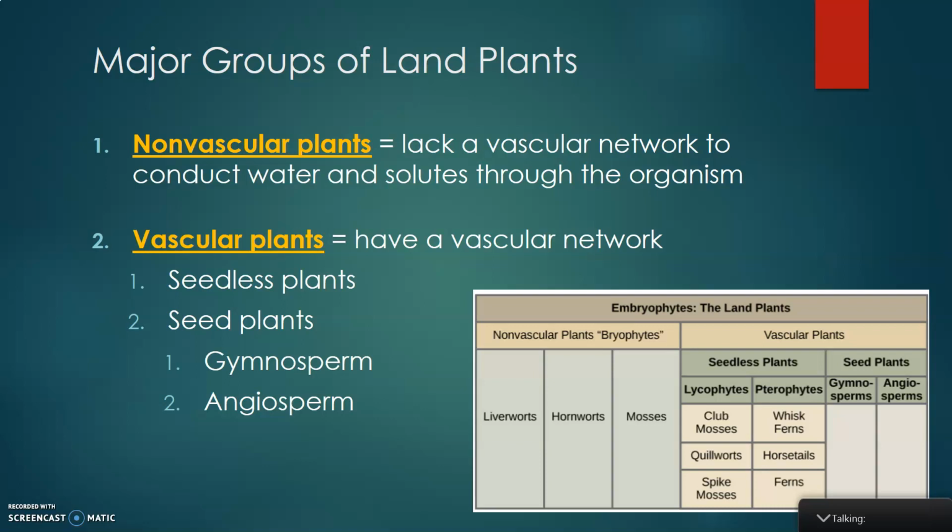And then vascular plants are even further divided into plants that have seeds and plants that do not. And then the seed plants, as you can see here, are divided even further into two different types of seed plants. And we'll get more into all of these different categories as we move through the lecture.